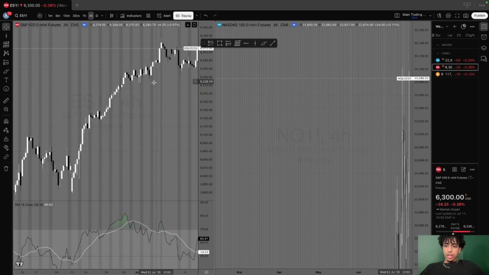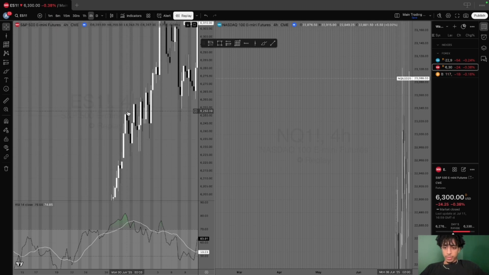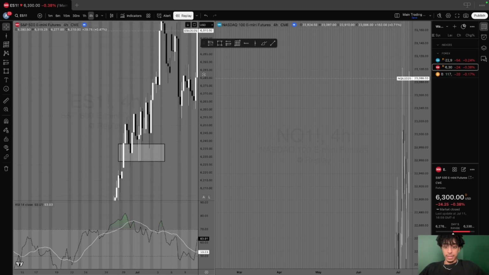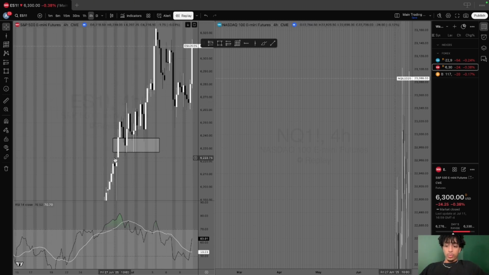You can assume that we're probably going to get a retrace soon when we're all the way up here. You can tell we're overextended. We see this 4-hour imbalance. When we're all the way up here, overextended like this, you could have a bearish bias targeting this imbalance. And then once again, you can continue higher, which is exactly what happened. This is a perfect situation of what I was explaining. We're overextended.